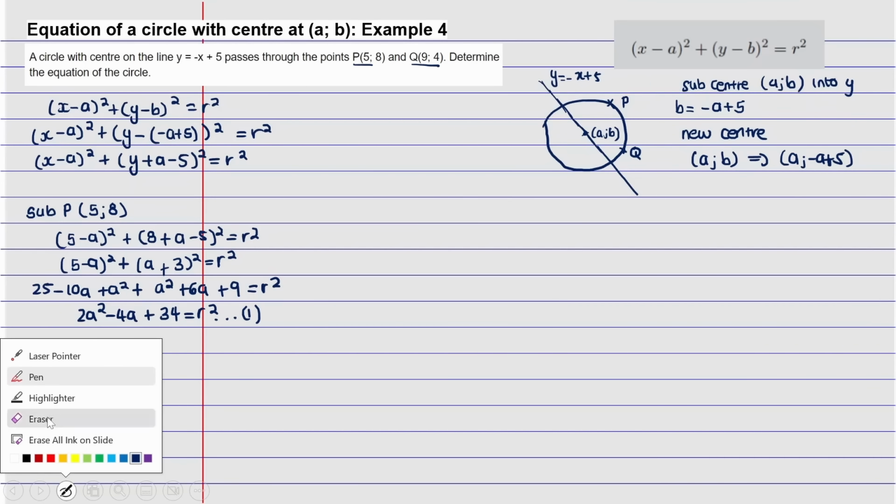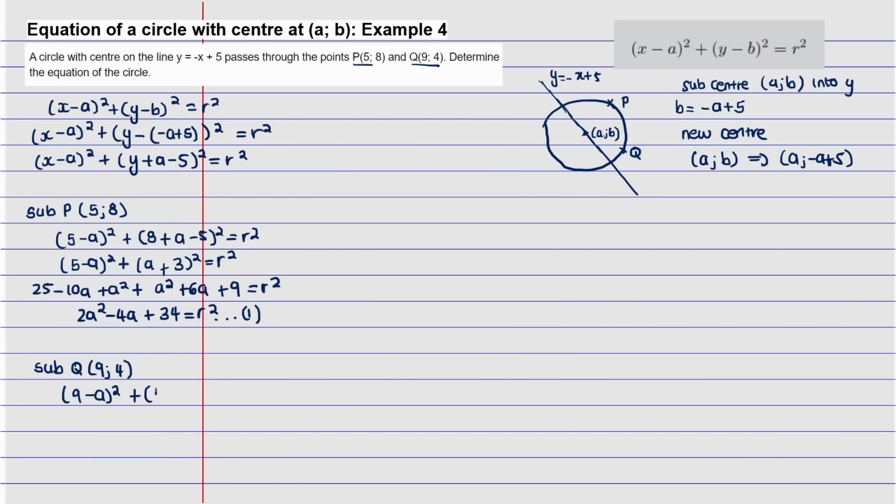Why do I keep on substituting the coordinate of V? Y here is going to be 4. So it's going to be 4 plus A minus 5, all squared is equal to r squared.